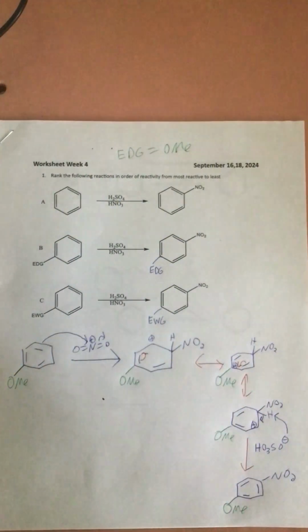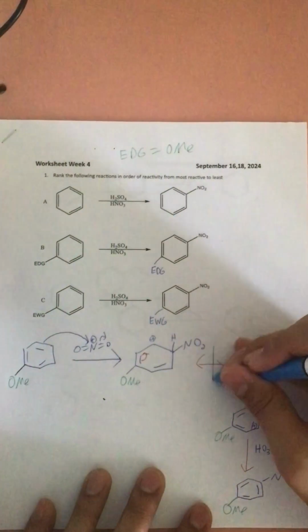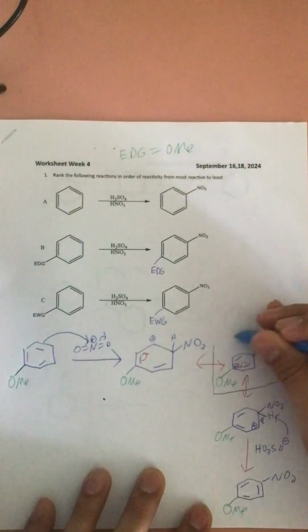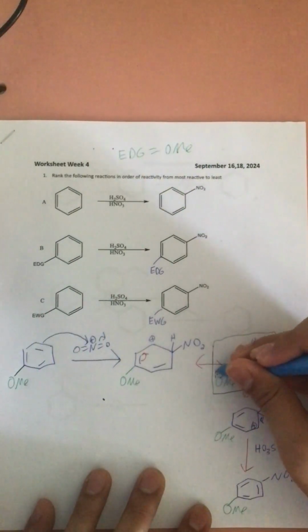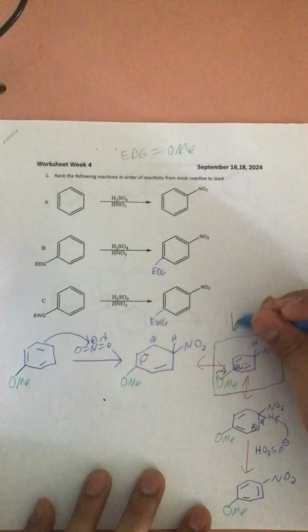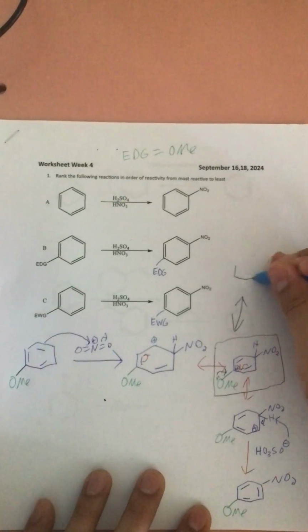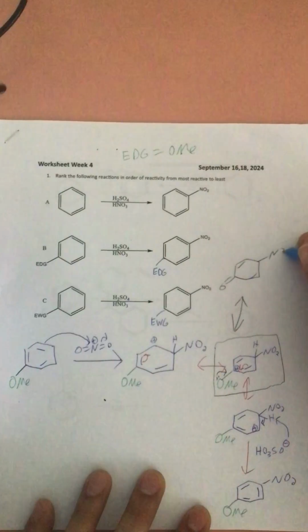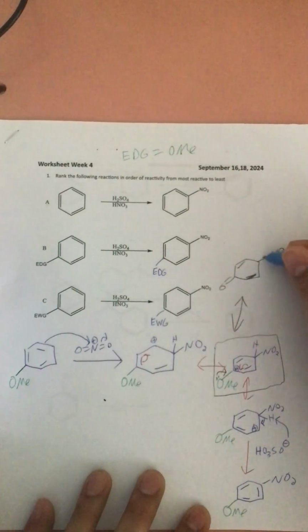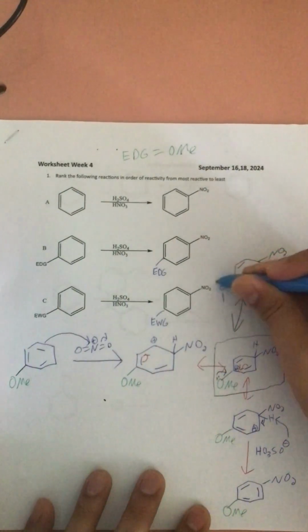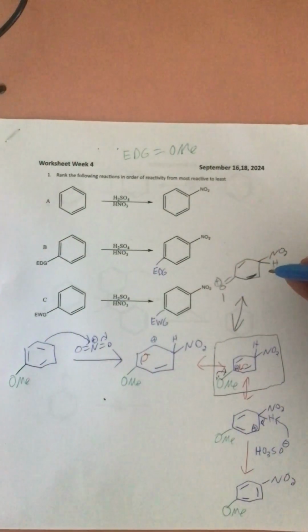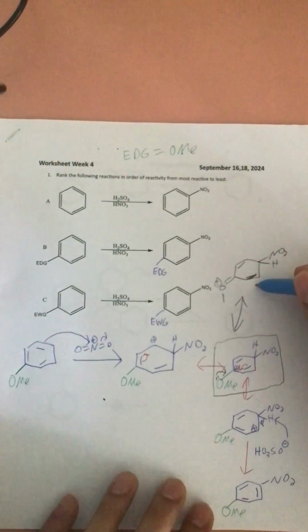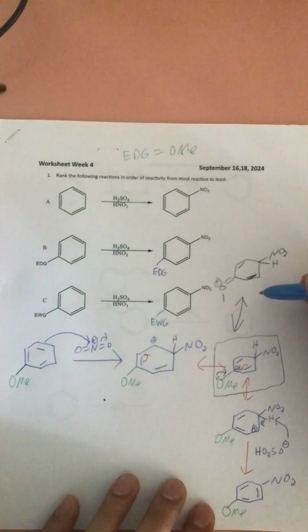Obviously, this is the important resonance structure I want you looking at. You're going to have a lone pair here that will donate and make an additional resonance structure. This makes the intermediate more stable, which makes the reaction go faster.